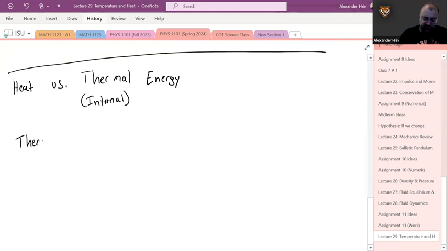Now, the thermal energy, this is why it's called the internal energy.